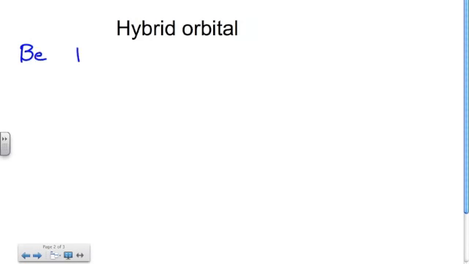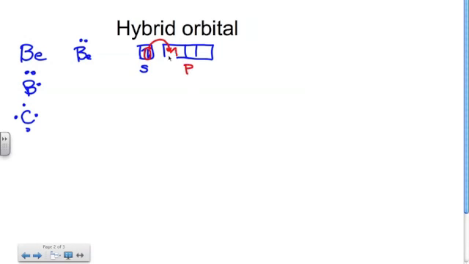Beryllium starts with 2 valence electrons, boron starts with 3, carbon starts with 1, 2, 3, 4. So in order to form 2 bonds, one of beryllium's s electrons, it starts with 2, jumps into a p orbital. I'm going to circle this one, and it's going to jump in there.